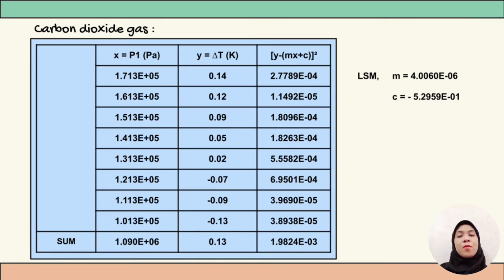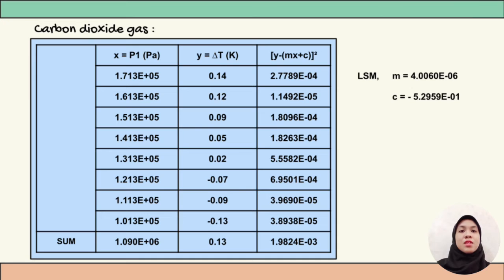So before we plotted our graph for the carbon dioxide gas data, from the data that we recorded in the table, the value of pressure, we total it with the atmospheric pressure, and then we can see that we use different values of pressure from the highest to the lowest, and also we can see the temperature difference decreases along with the pressure.